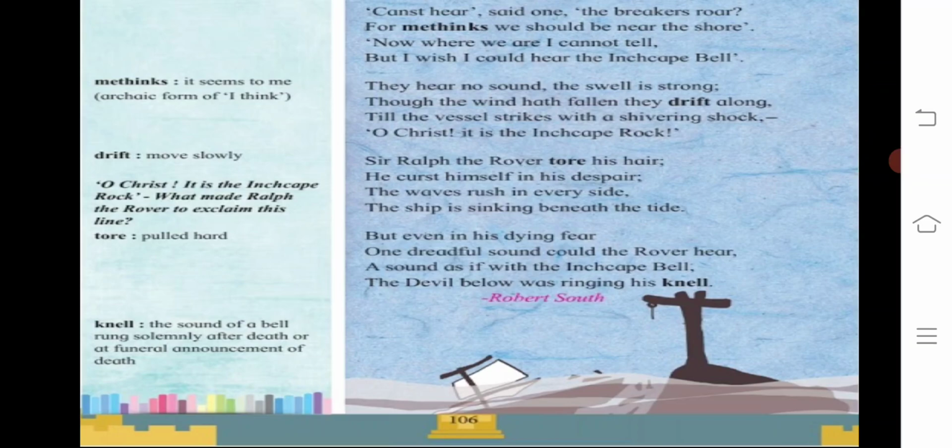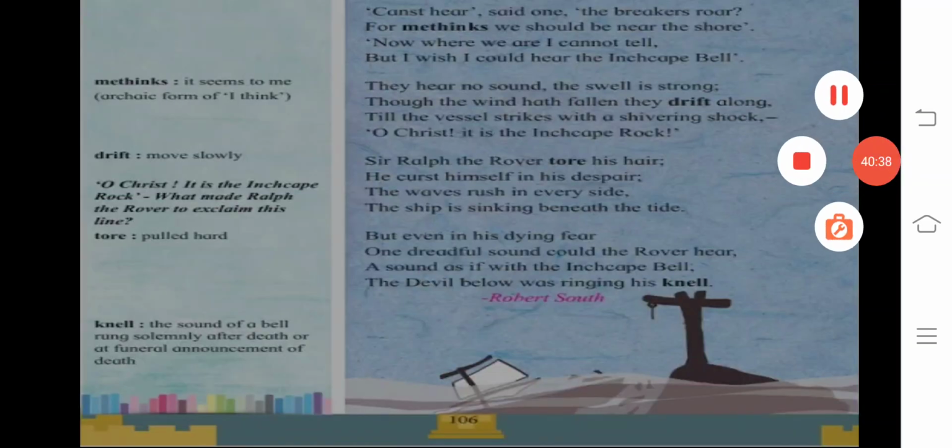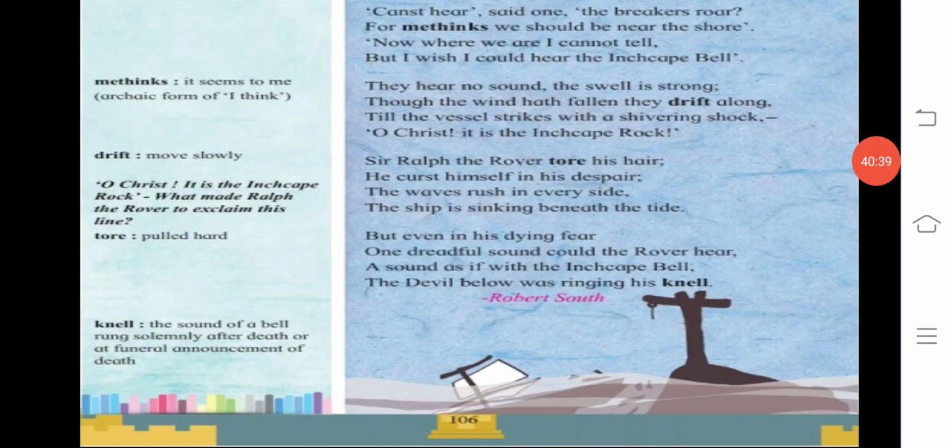The devil, which was already in favor of Rover. See, just before, the devil was in his favor, and now the same devil is working against the Rover. In short, it wanted to take him away with him at the same place where he had committed the sinful act.